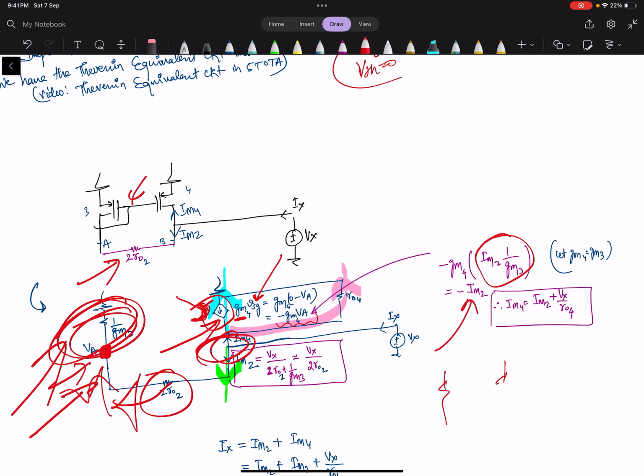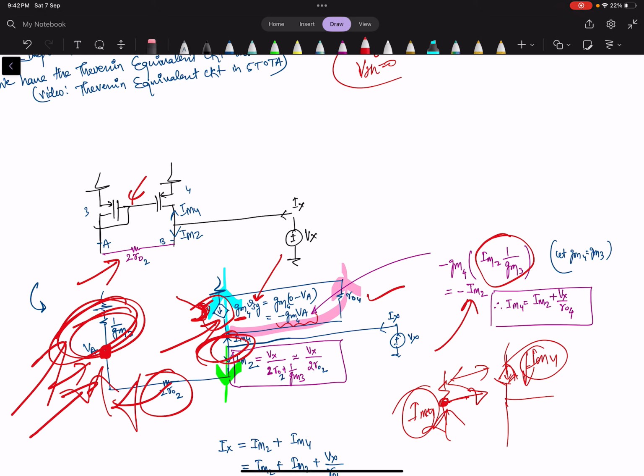Basically what I mean to say is, whatever current IM4 here will make the voltage, and this voltage will again make a current whose value is defined by the same GM. Because of the same GM, this current will be the same, IM4 and IM2 and IM4. Okay, so this is this, and now we have R04.